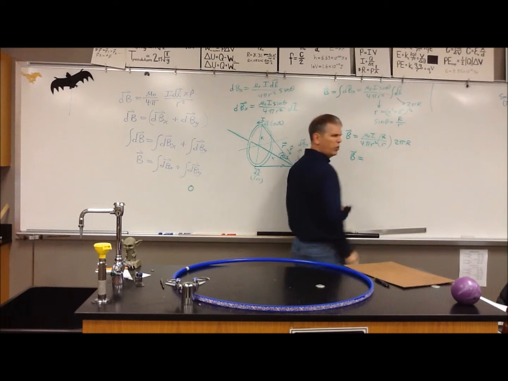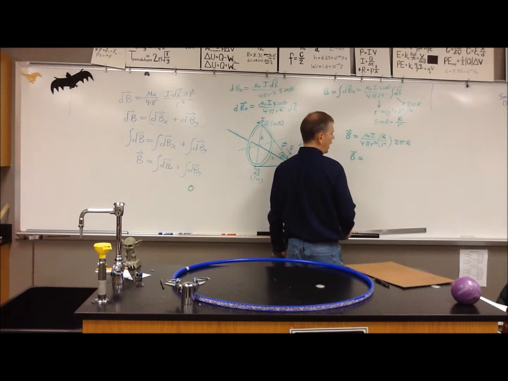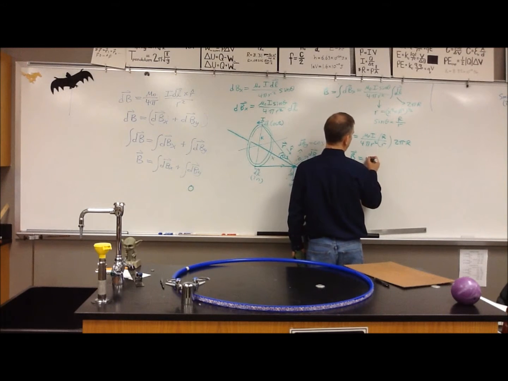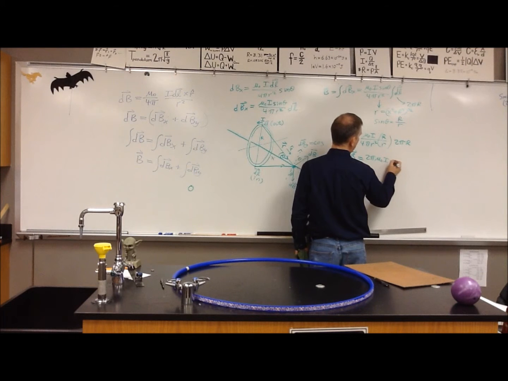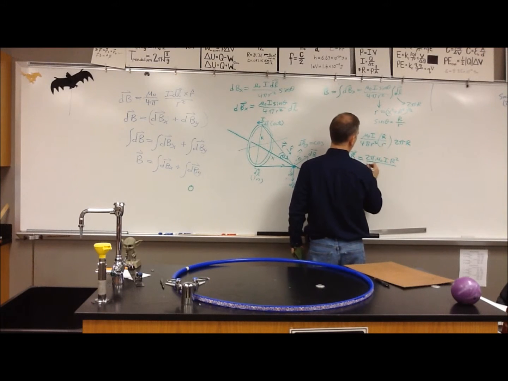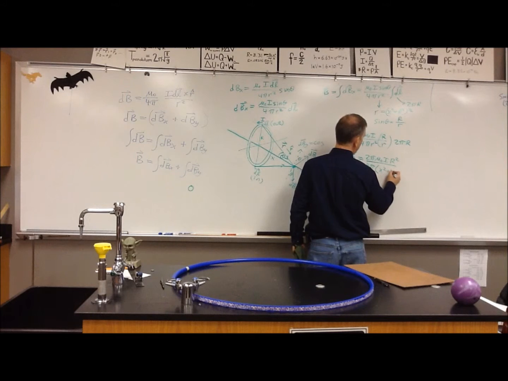And by the way, he keeps the 2 pi. I don't know why he does that, but he keeps the 2 pi and the 4 pi. I would cancel them out, but for some reason it's important. I think it's to show you how it looks like Ampere's law a little bit. So I'm just going to put it in there. So 2 pi mu naught I r squared over 4 pi, and r is x squared plus r squared to the 3/2.